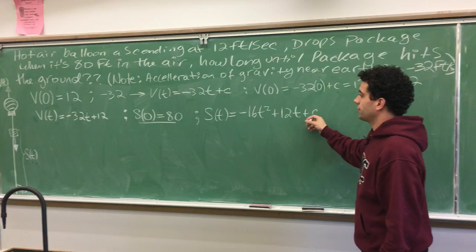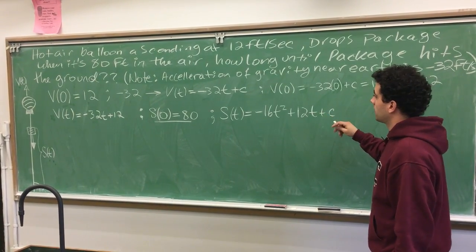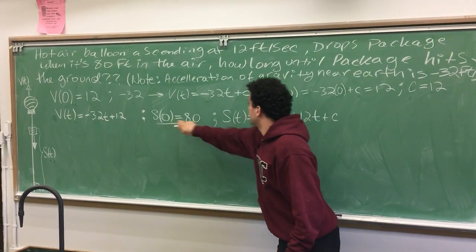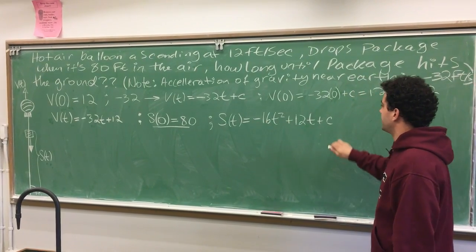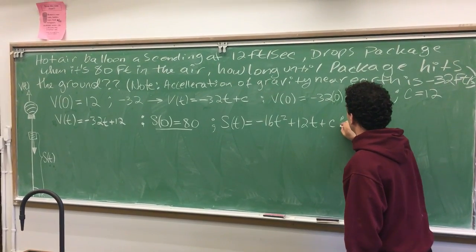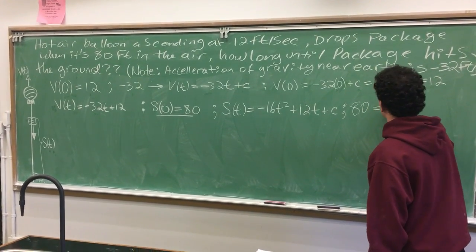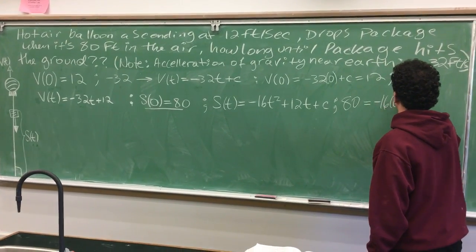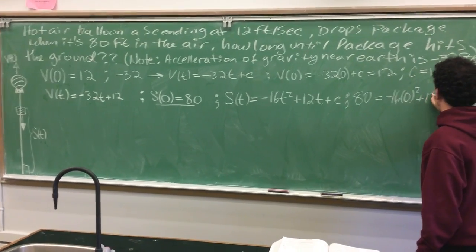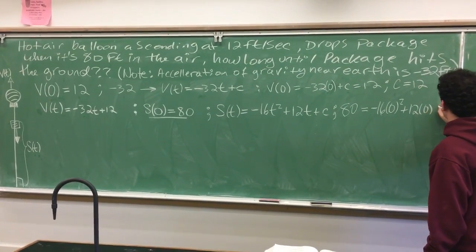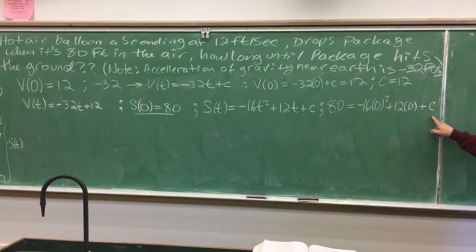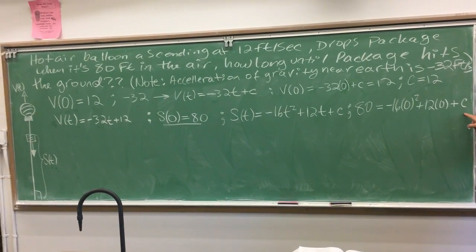this function here, and we know that s of 0 would have to be 80. So to find out this c, we simply go 80 equals negative 16 times 0 squared plus 12 times 0 plus c. c must be 80.